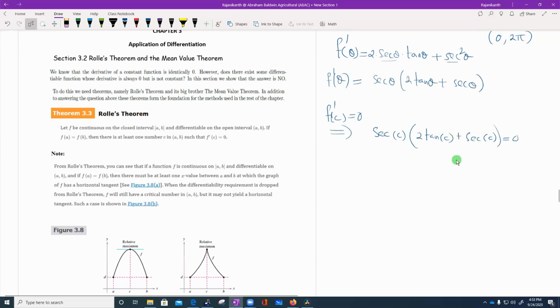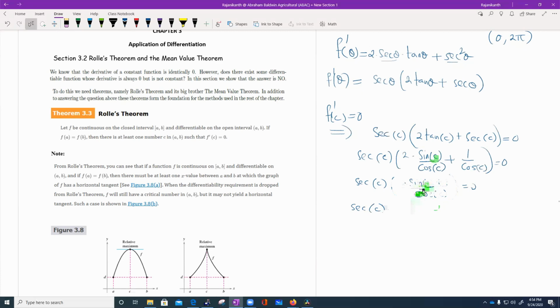Now I'm going to simplify. Let me rewrite tangent in terms of sine and cosine. Remember, tangent is sine over cosine, and secant is the reciprocal of cosine. You see now, you have the same denominator, therefore the LCM is that. So simply add the numerators over the LCM, which is cosine of C, equals 0.